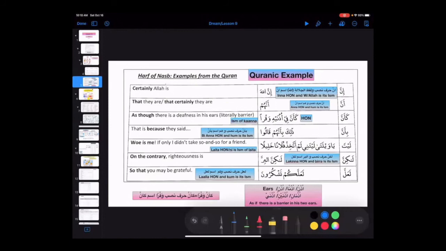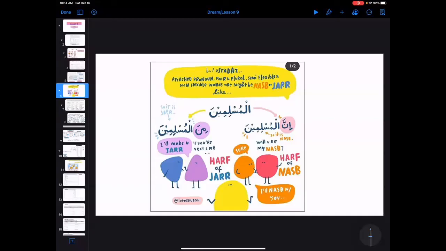But if we have harfu jar before it and we say minal muslimina, now the same word muslimina over here is jar in status. This is how, inshallah, as we are progressing, things are going to be opened up for us.